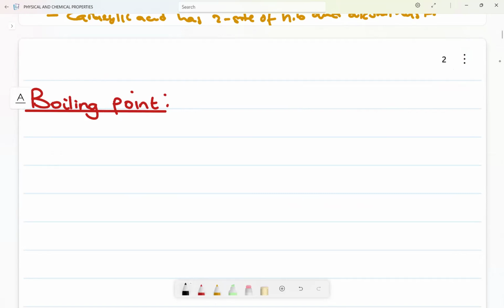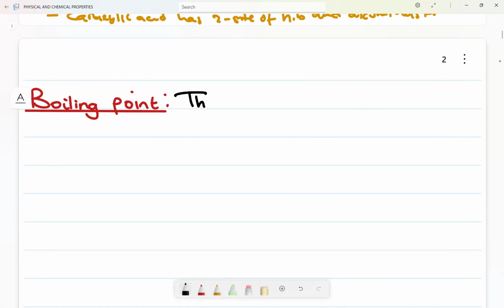Now, you must know this definition of boiling point. Do not say it is the state where water changes to gas. You are in grade 12, you have a zero waiting for you. What is boiling point?